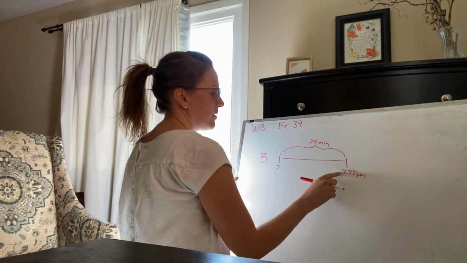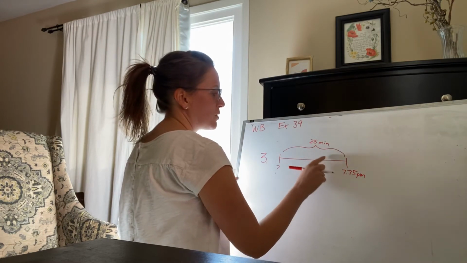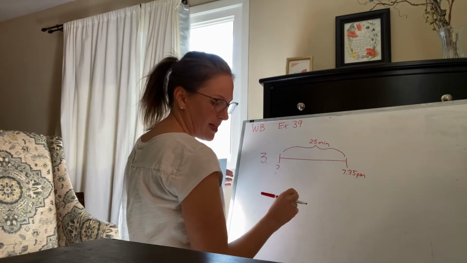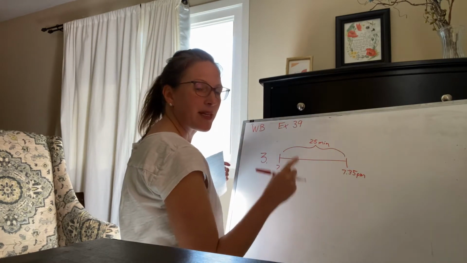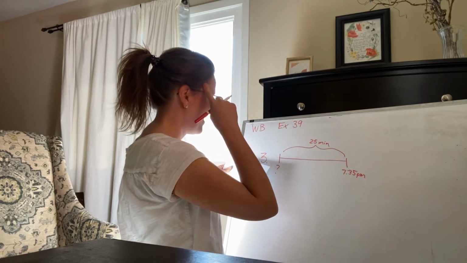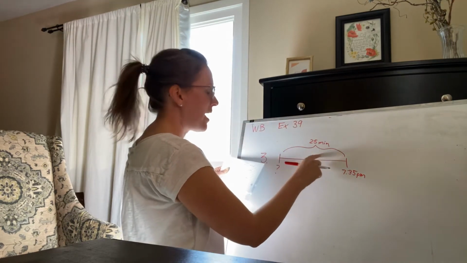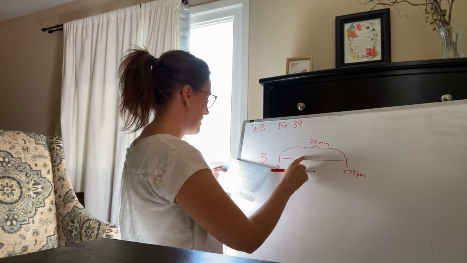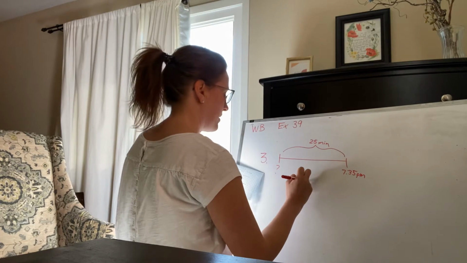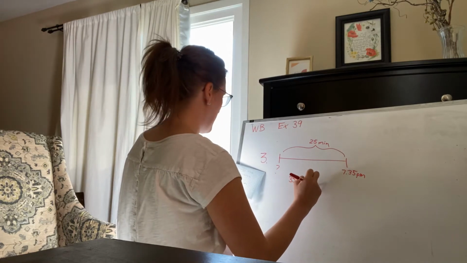All right. We have to take 25 minutes from 35 minutes. I bet some of you can even do that in your head. How many minutes? That's right. We don't have a whole hour to work with. We only have minutes. So we want to take 35 minus 25, and that gives us 10.